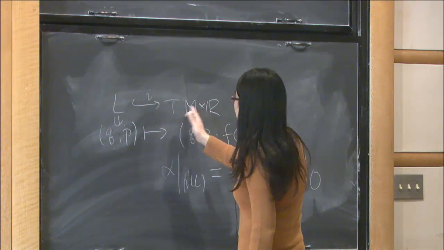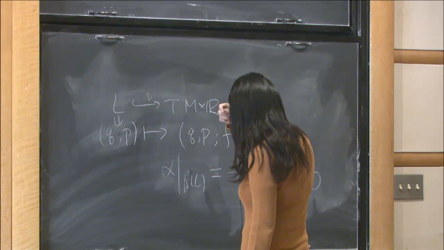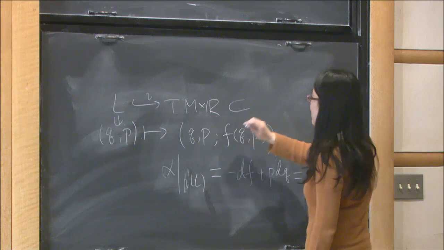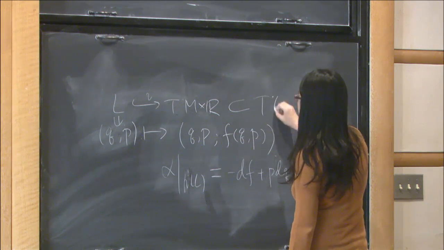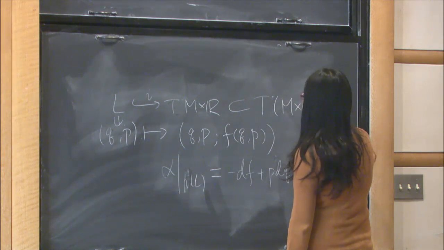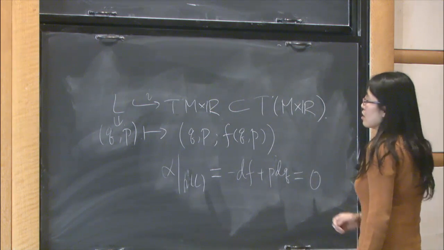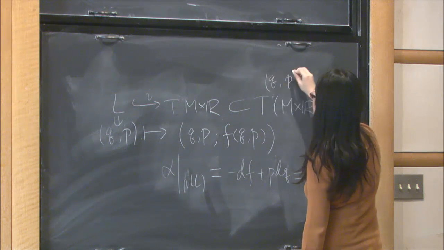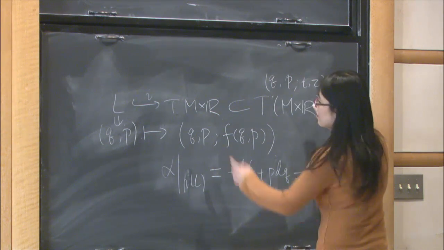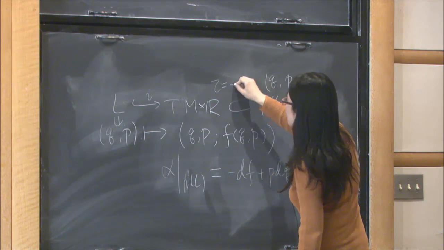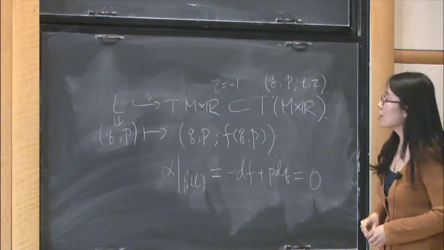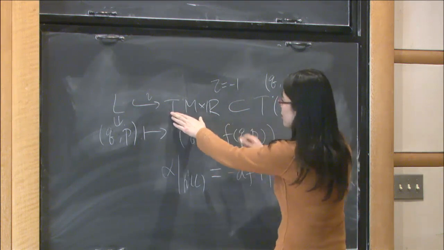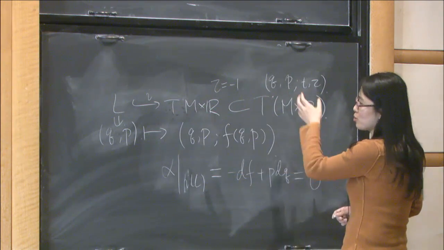And then we take this to be a Lagrangian also for the purpose that we view this contact manifold as a slice in the cotangent bundle T star M cross R. If you denote the coordinates as q, p and then t, tau, then this is exactly the slice where tau equals negative 1. So one can, for example, take the cone over this Lagrangian, then it's a conical Lagrangian.